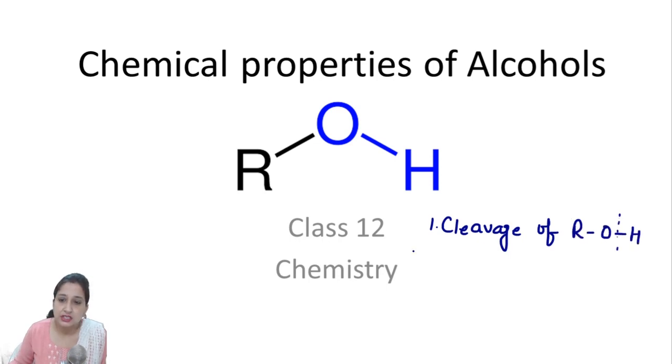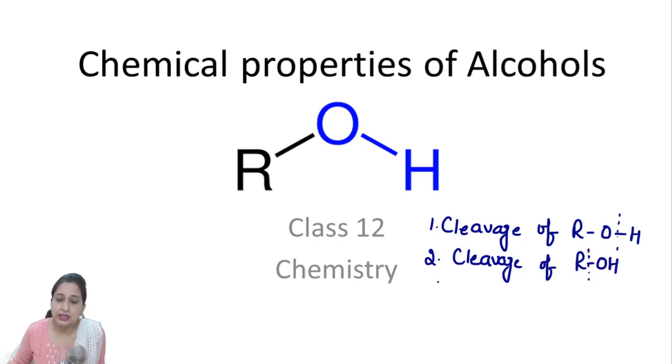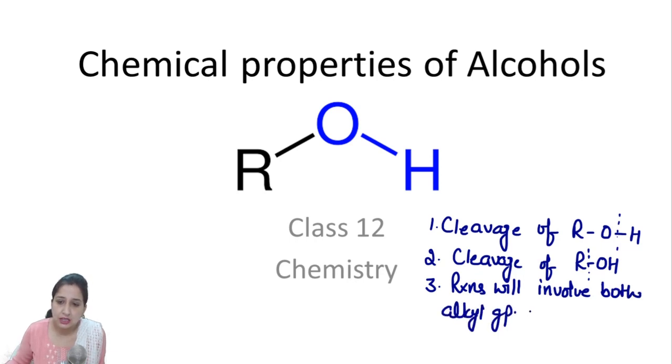The second type involves cleavage of the R-OH bond, and the third type involves both the alkyl group as well as the hydroxyl group. Hydroxyl means your OH group. So we will discuss these three types of reactions with some examples.